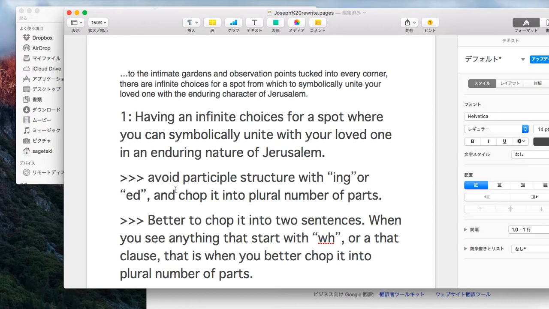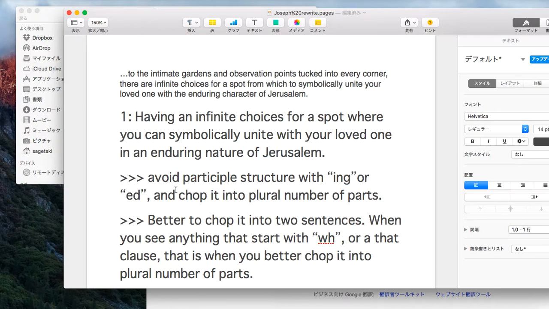So what is this person united with? This person is united with the enduring character of Jerusalem. It sounds like in this rewritten sentence that the person whose ash is to be scattered in Israel is united with the person who is doing the ceremony. So this is not the case.